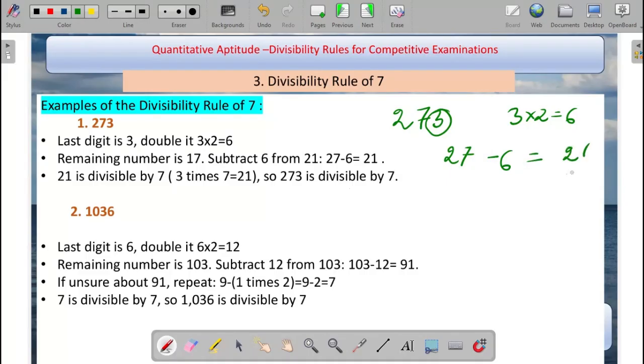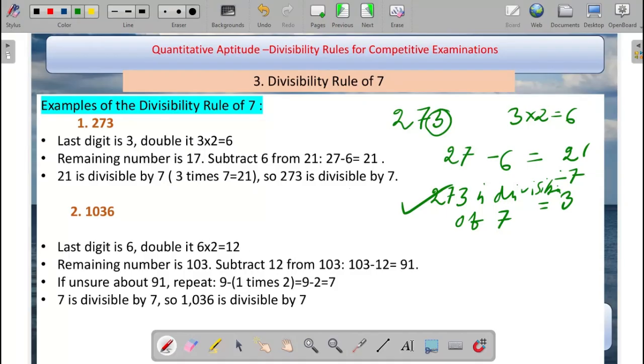Now 21 is divisible by 7, 7 into 3 is equal to 21. So this whole number 273 is divisible by 7.